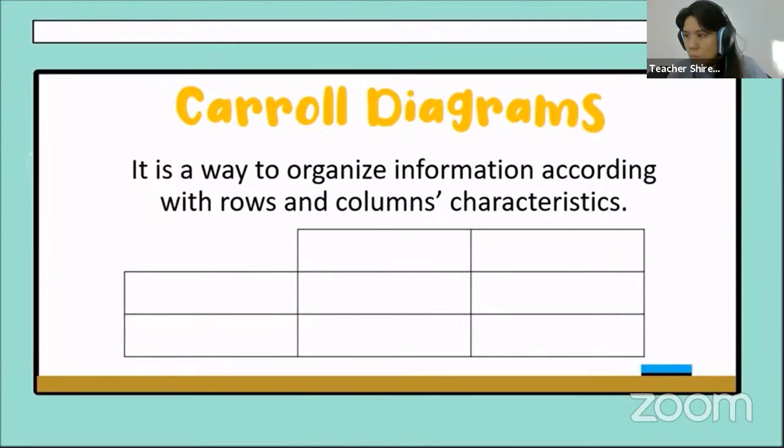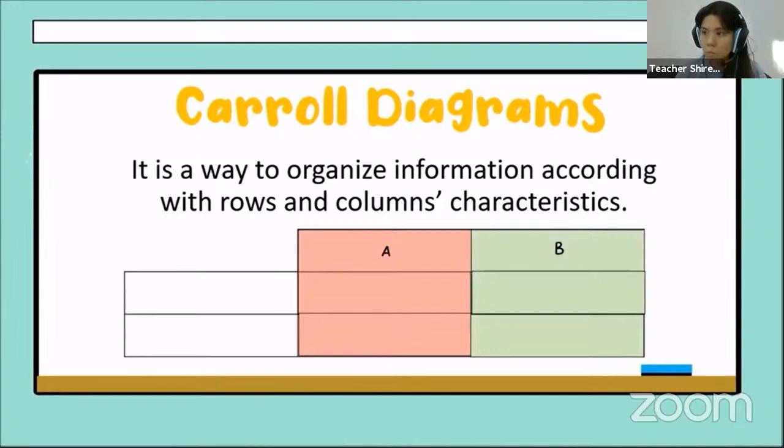For example, in column A, we have to put all the information for this column. In column B, we also put all the information according to B. With row C, we put information in this way.